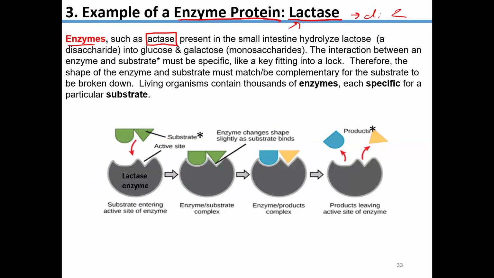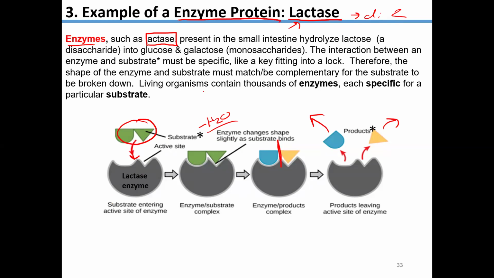So your enzyme is able to take it in, and it's able to add H2O, because we're reversing dehydration synthesis. Now you can see it's broken apart that bond and separated out those two pieces. So enzymes help speed up reactions.